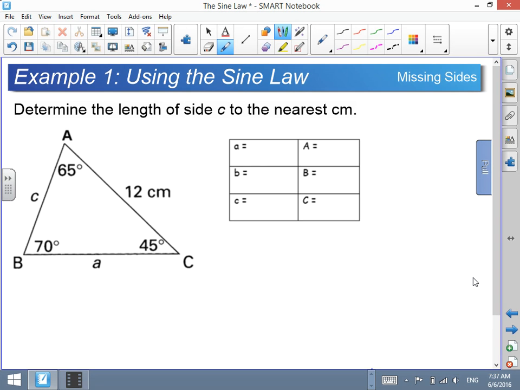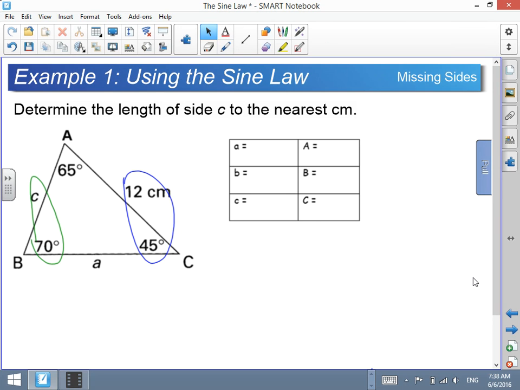So when you have a non-right triangle, if you can pair off a side and an angle, so that is the side is sort of adjacent to that angle, and you can pair that up with another pair of information such that you have a side that's adjacent to an angle, you can create a sine law relationship, or what we've been calling a height equation.